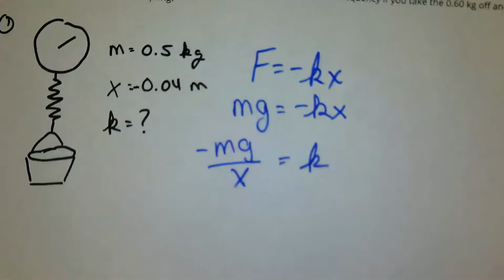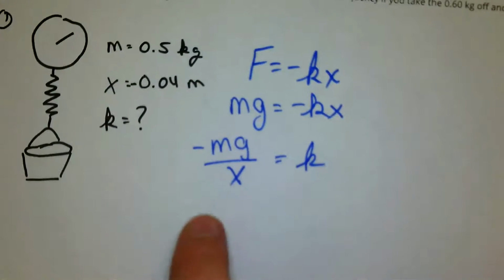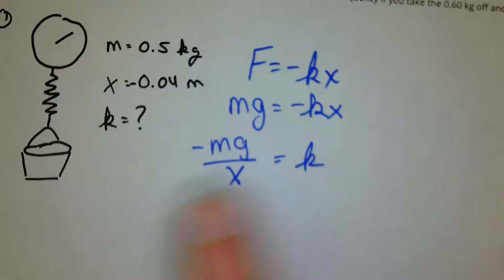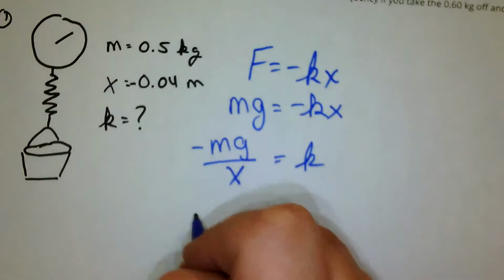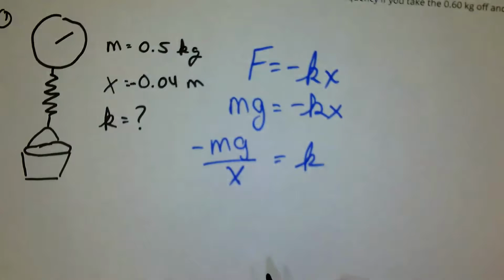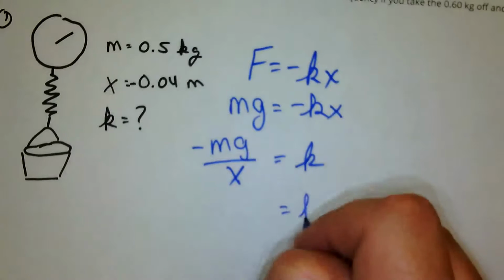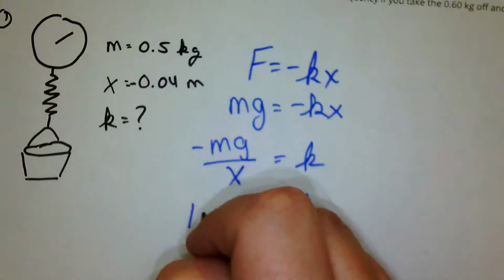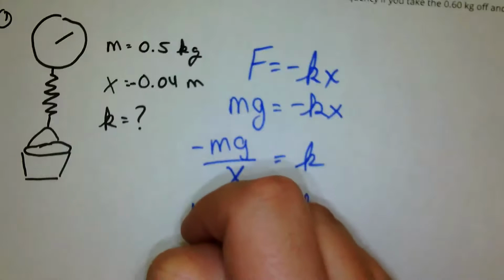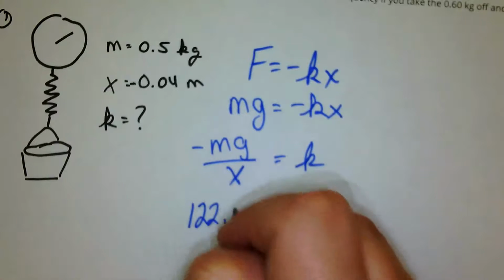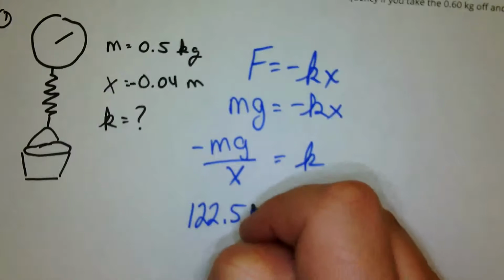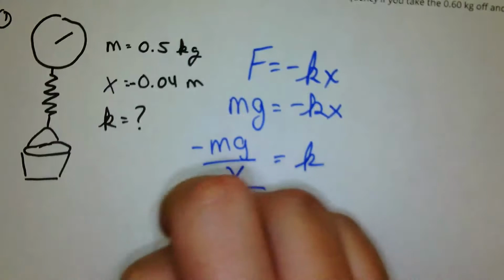But the idea is if you ever come out with a negative k, you just need to look at your negatives and make sure they're working out correctly. So did you get an answer, Leo? 122.5? Yeah, newtons per meter.